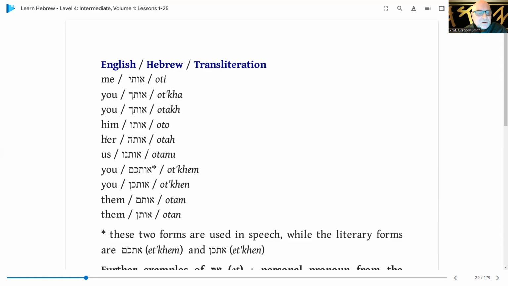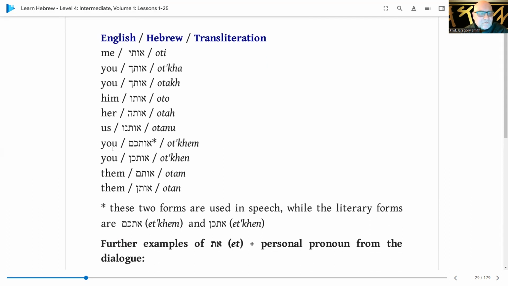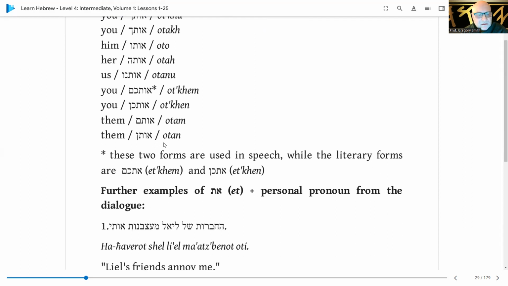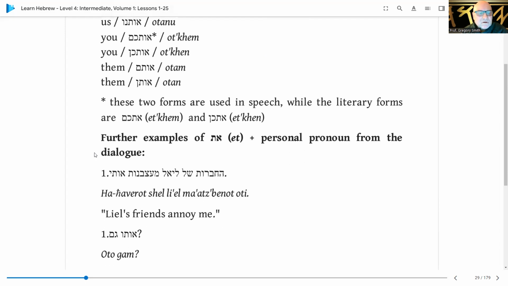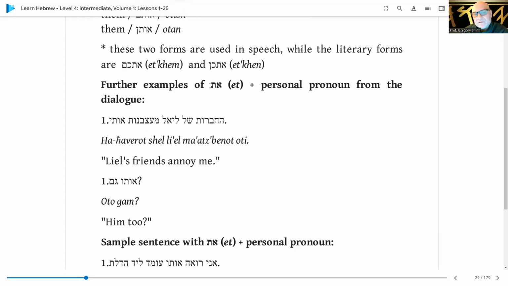Him would be Oto, her would be Ota, us would be Otanu, Otchem for you all, Otchen for you all, feminine plural. Otam, them, would be a mixed or masculine plural, and Otan would be feminine plural. Okay, so now we're going to talk about this little thing here, the et, and how that works.